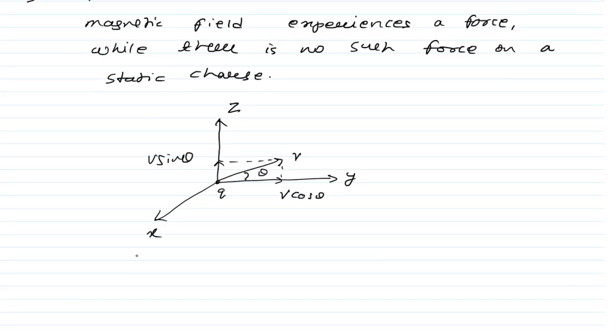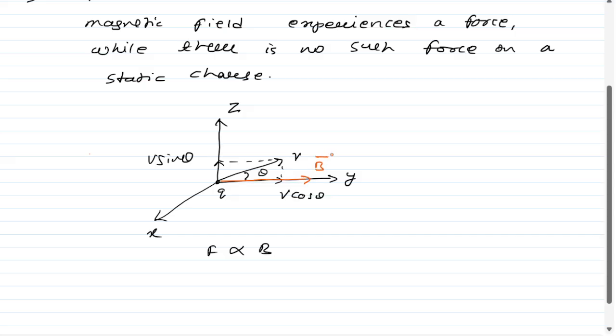So the magnitude of the magnetic force acting on this particular charge q is proportional to the magnetic field B. If B is pointing in this particular direction, the force on this charge will be proportional to the magnitude of the magnetic field.